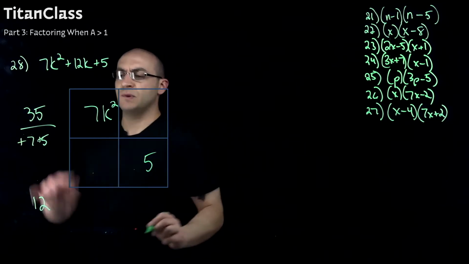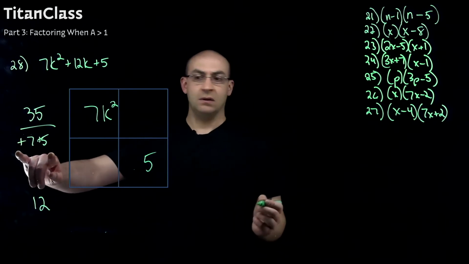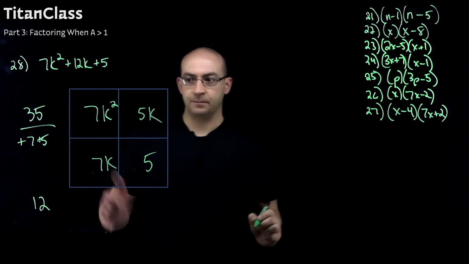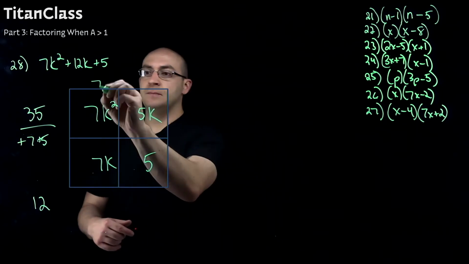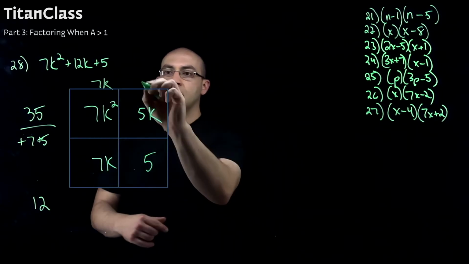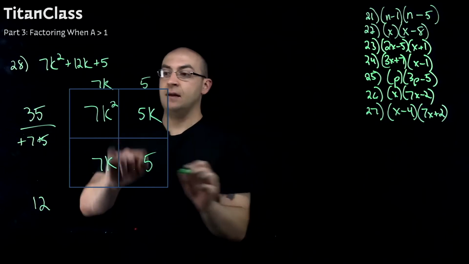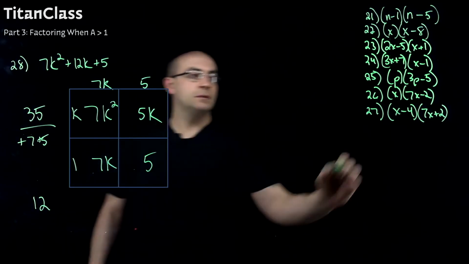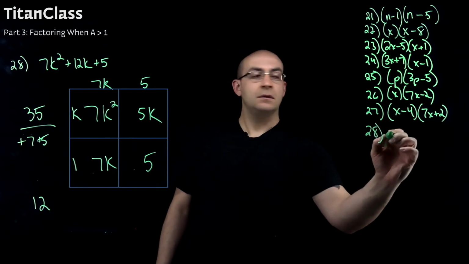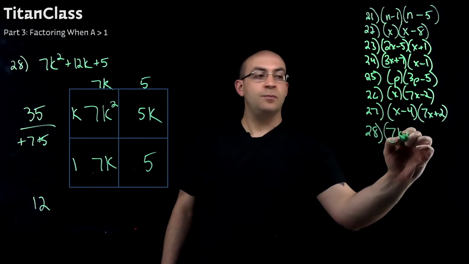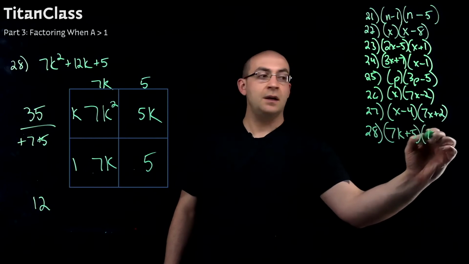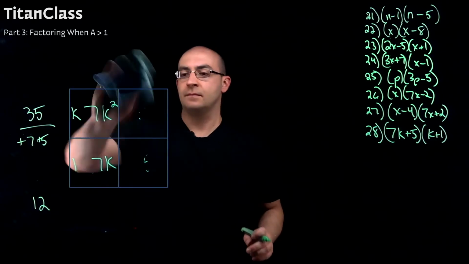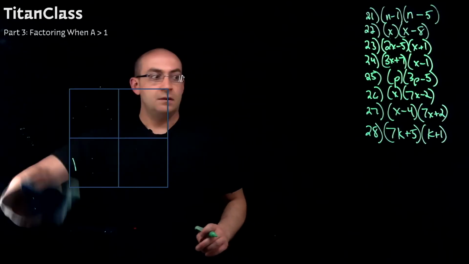I feel like this is the first one that we had both pluses in a while, or at all. 7k and 5k. 7k comes out. 5. Just k. 1. So we have a 7k plus 5 and a k plus 1. All right. 29.